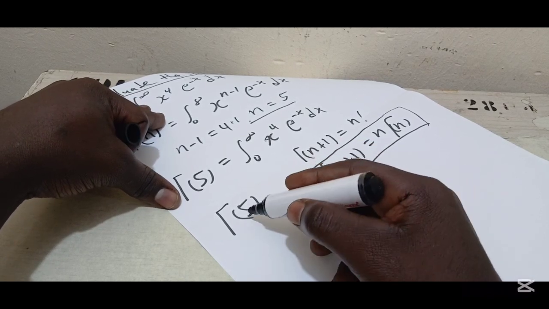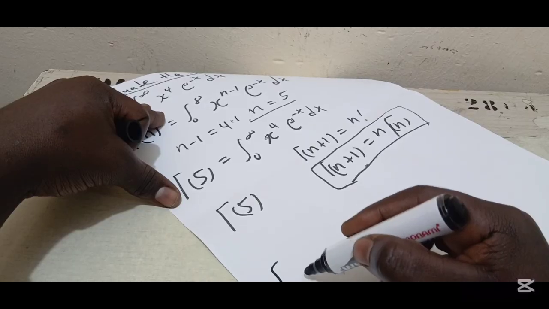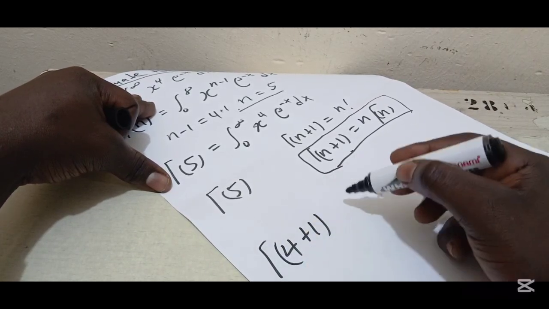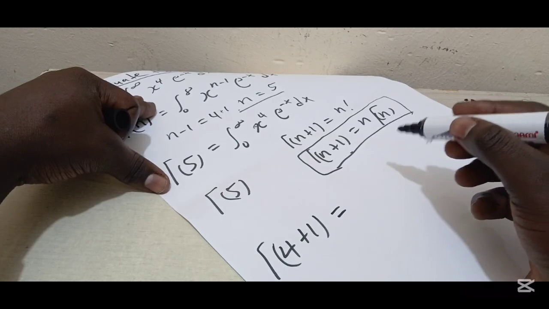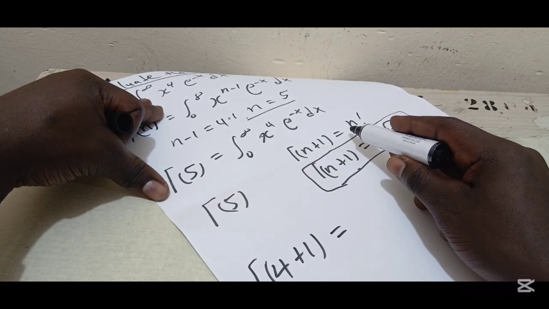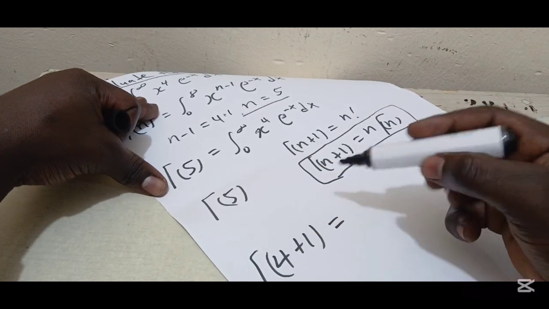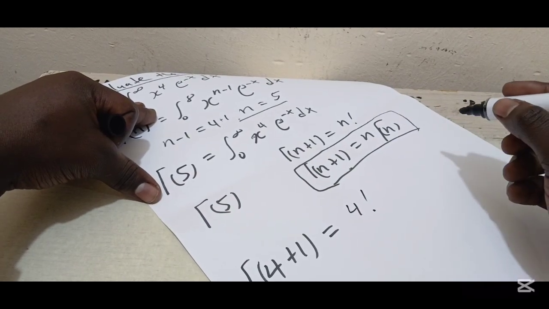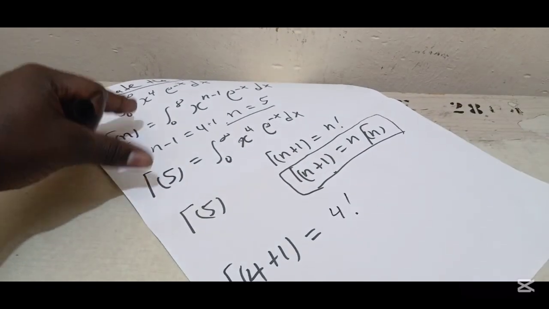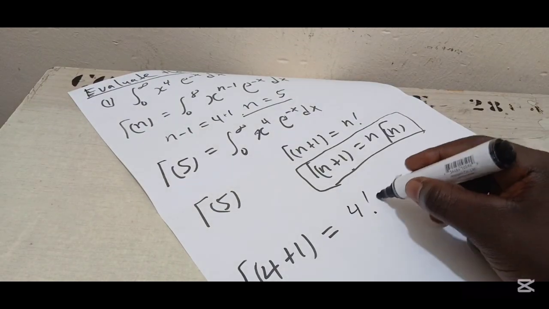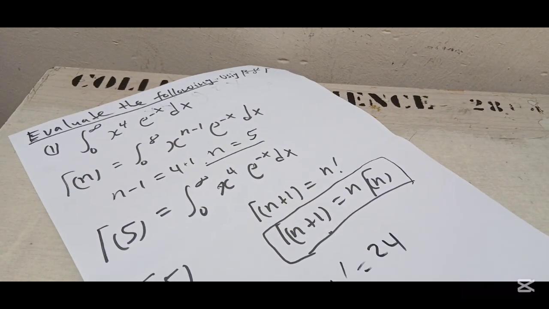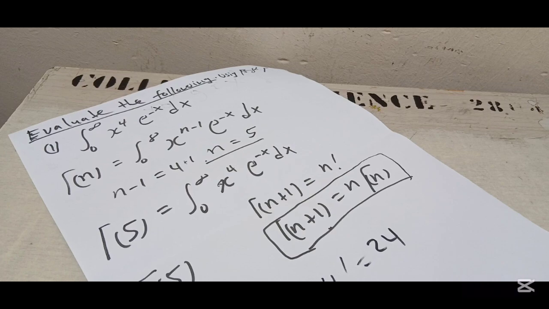So 4 plus 1 is the same as 5, right? So gamma of 4 plus 1 is the same as gamma 5. Then comparing to this formula, we get 4 factorial, and 4 factorial is just going to give us 24. So that is how you can solve problems of this form.